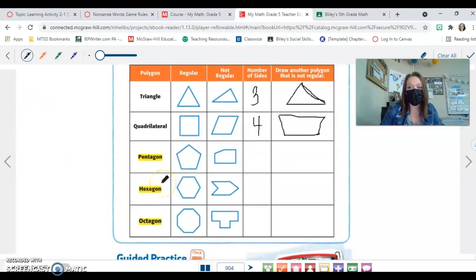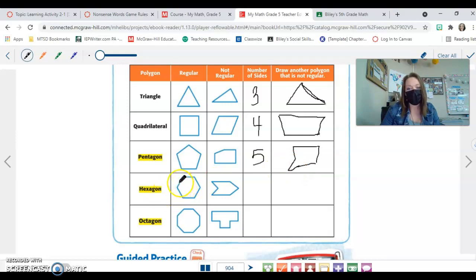Let's go down. This is a pentagon. This might be new. Pentagon means 5. So it has 1, 2, 3, 4, 5 sides. Our regular polygon has the same length of sides, and our not regular is slanted and does not. They have different sides. Here's another example of a 5-sided shape. Okay, 1, 2, 3, 4, and 5.